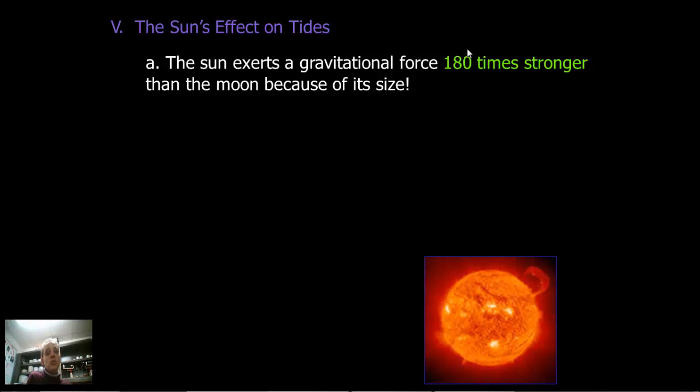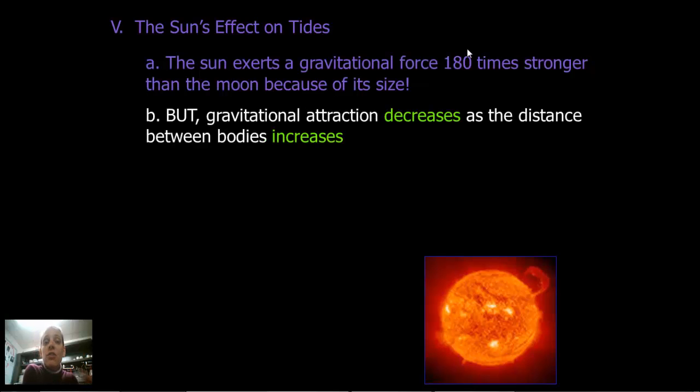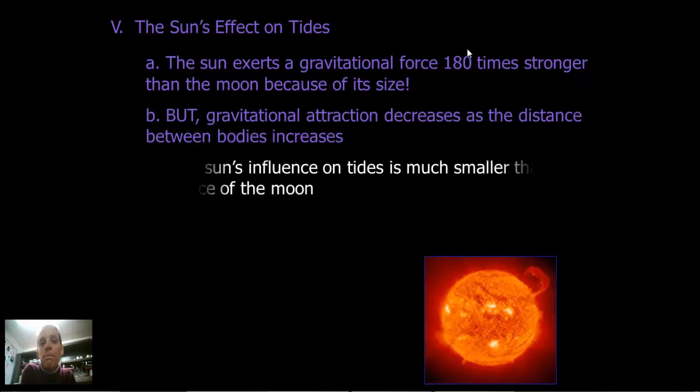But the moon is so much closer that it ends up having more of a gravitational effect than the sun does. So the sun exerts a gravitational force that's 180 times stronger than the moon because of its size. But the gravitational attraction decreases as the distance between bodies increases. The sun's influence on tides is much smaller than the influence of the moon for this reason.